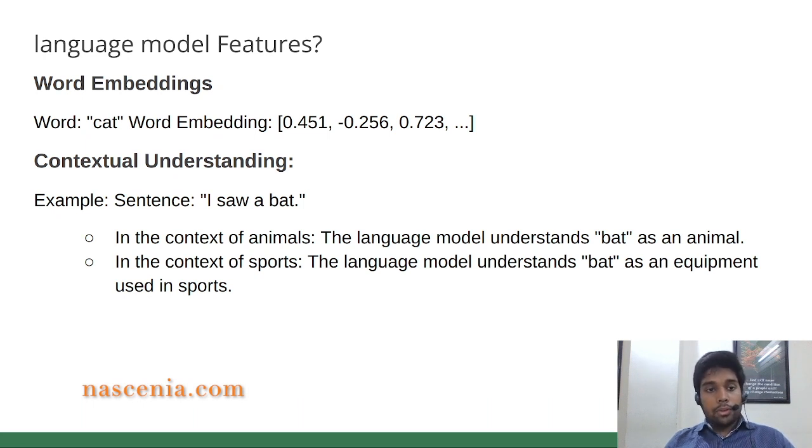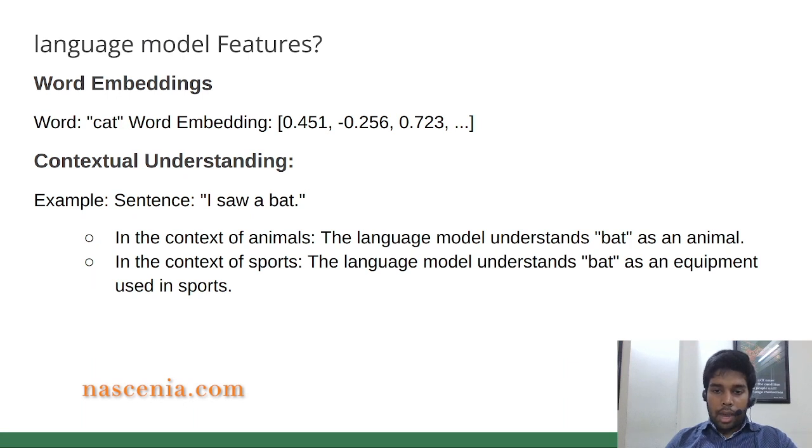So in the case of word embeddings, what a language model does is that it converts a word into a number, a float in our case. So a float number would be used in a language model. For example, there's a sentence in this slide where I have put the sentence, I saw a bat.